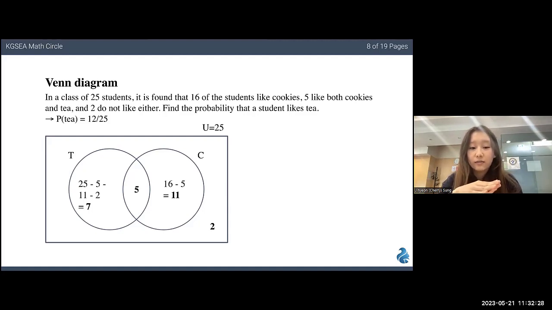Now, the part you have left is the number of students who like tea only, and you can find that by subtracting the other values from the total number of students, which is 25. So that part would be 25 minus 5 minus 11 minus 2, which would equal 7.